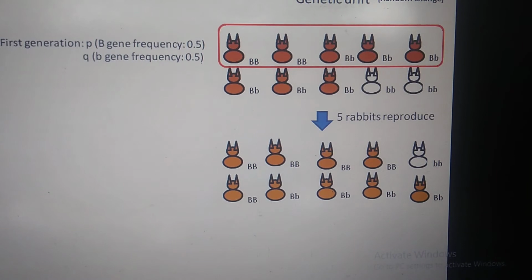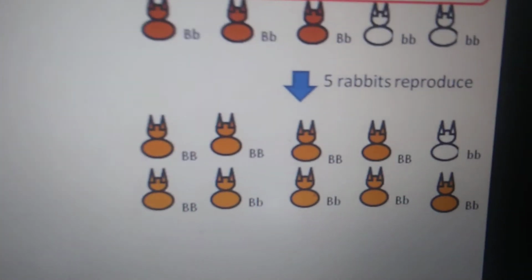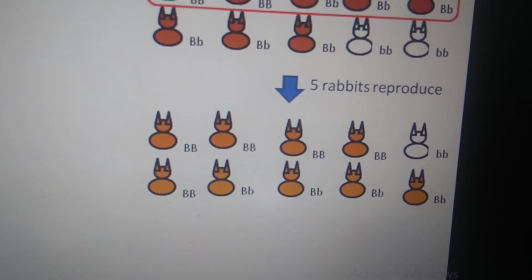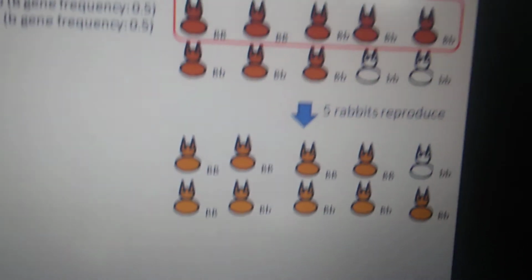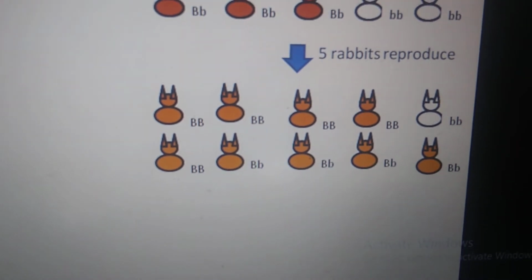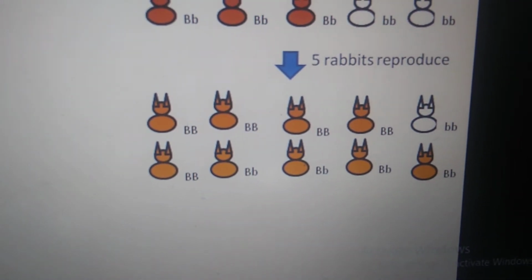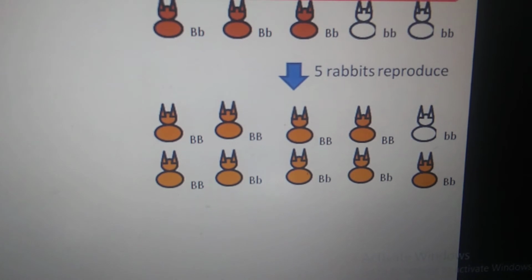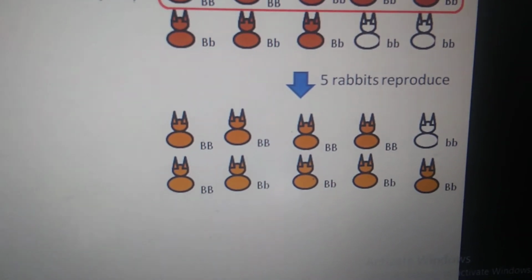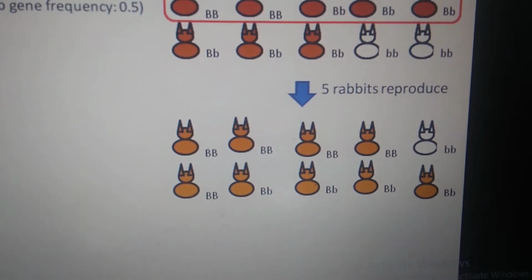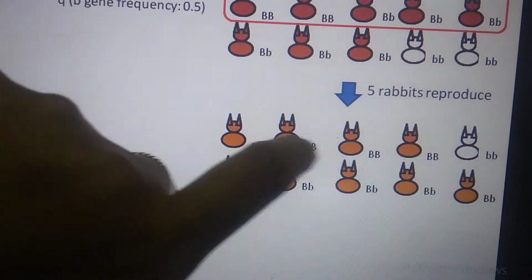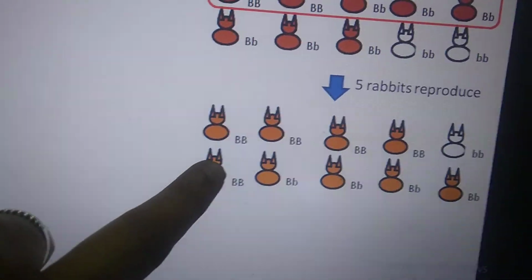What are the results? We can see here. The phenotypic ratio has changed from 8:2 to now 9:1, brown to white. While phenotypically they're 9:1, genotypically, homozygous dominant is now 1, 2, 3, 4, 5.